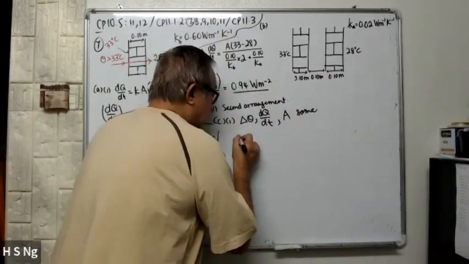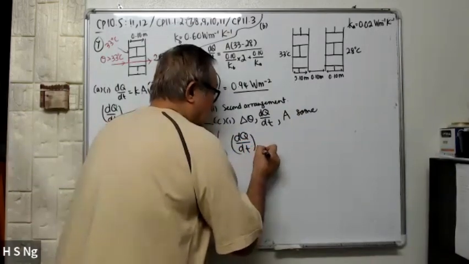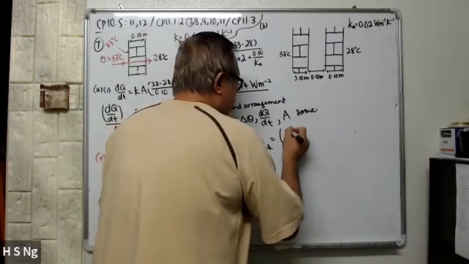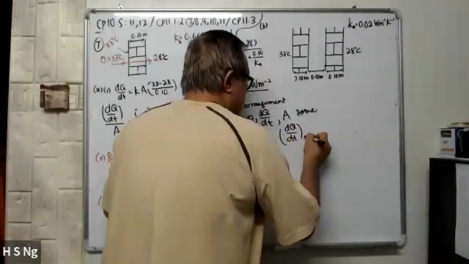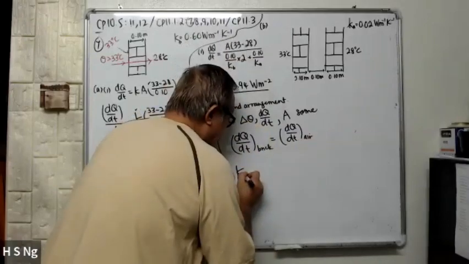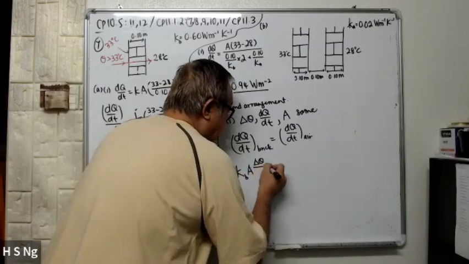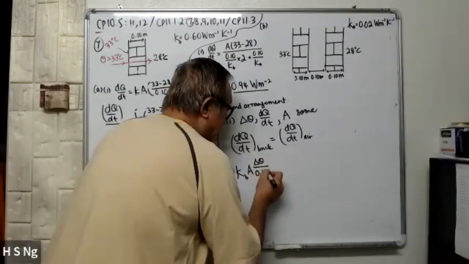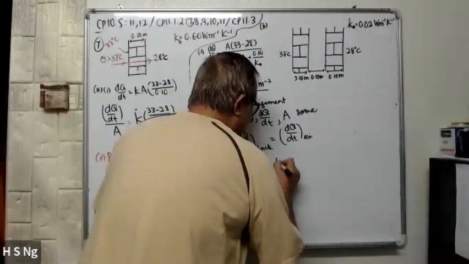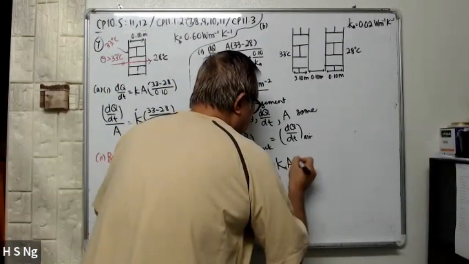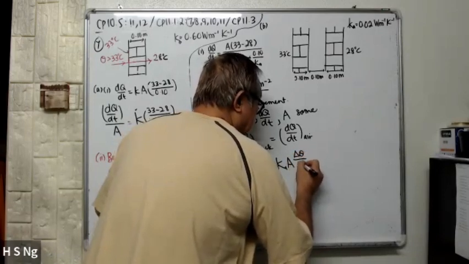Okay, so you want to find this. In the exam, you don't need to write this, I can write the formula straight away. So you have K brick A delta theta over thickness of brick, equals K air A delta theta over thickness of air.